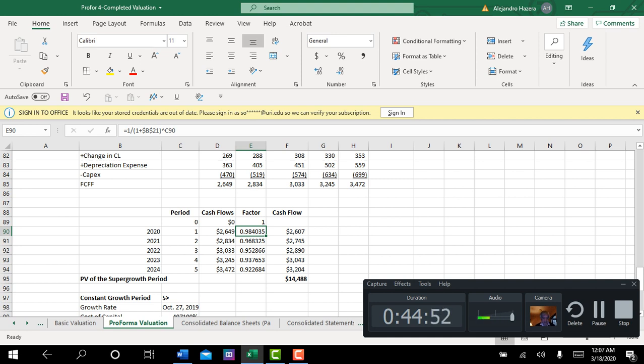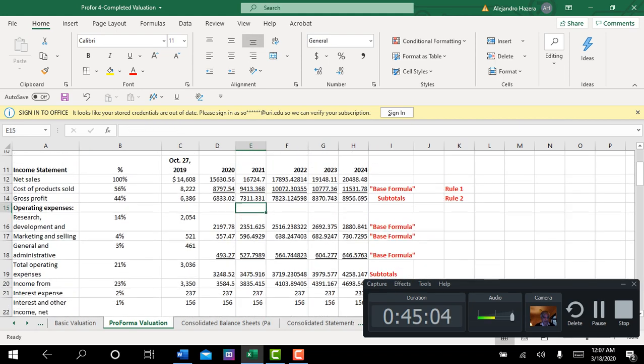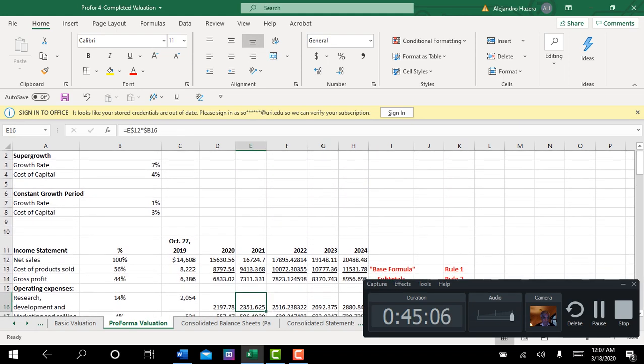I don't know where I'm getting that from, but we're still discounting this at 4%. I'm wondering very quickly where that's coming from.